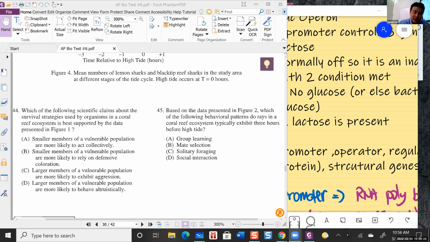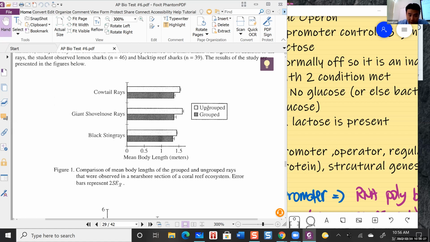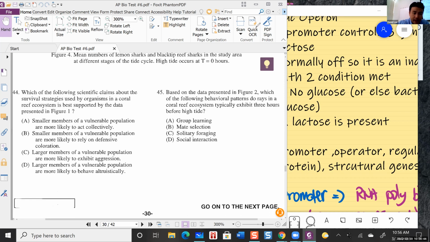And again, the data shows that. If you're grouped, you're smaller. So you can have a herd advantage, mutual protection. Small ones group, larger ones don't need to. So that's what figure 1 is supporting. 44 is A.